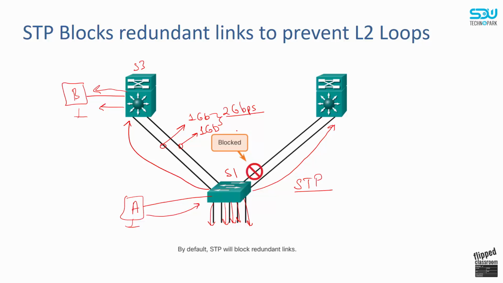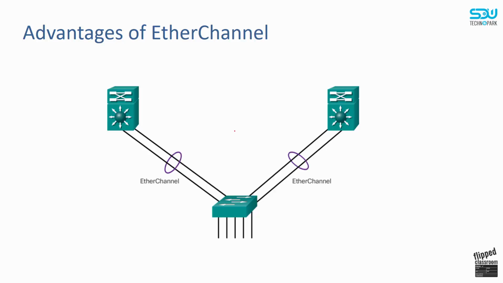The EtherChannel is the technology which provides you the ability to create virtual channels, like a tunnel between two switches, where the links are working in a single group, so that you may just bundle these links.